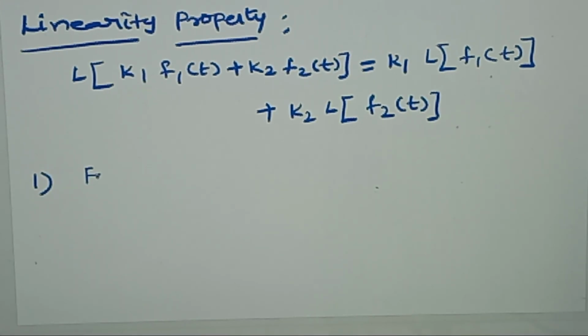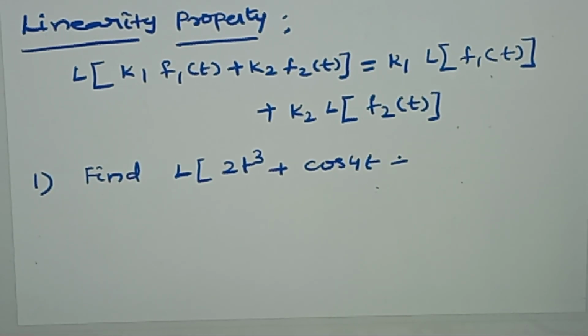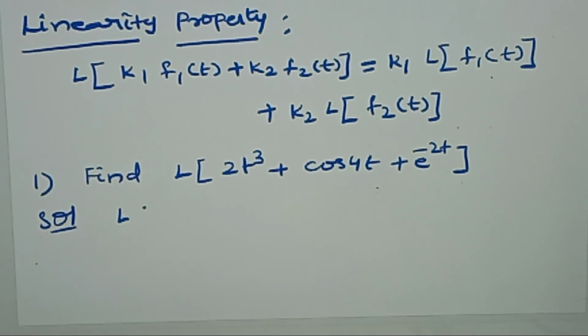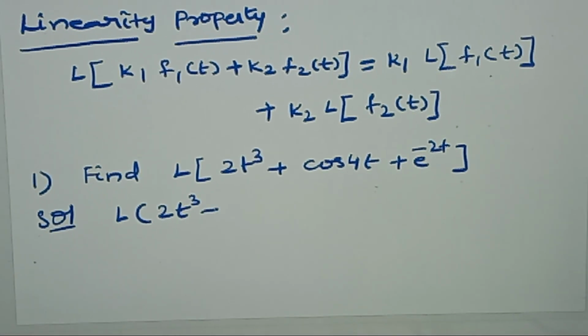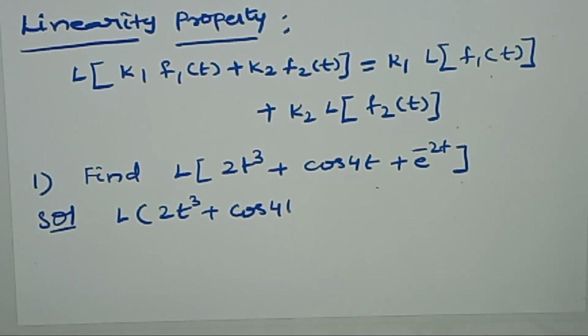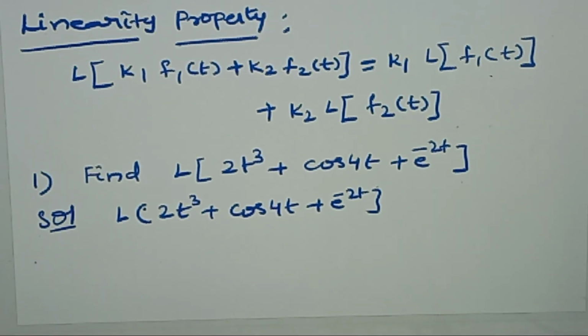If you want to find the Laplace transform of 2t cube plus cos 4t plus e to the power minus 2t, how do we calculate? Laplace transform of 2t cube plus cos 4t plus e to the power minus 2t can be written as what?